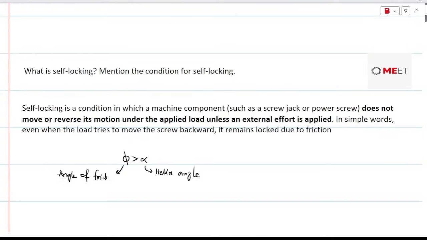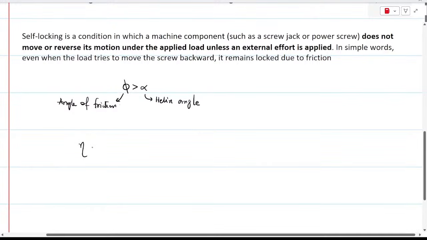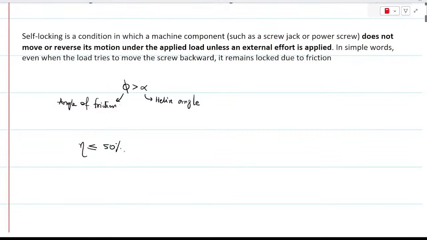So if we are using the friction force in order to lock or prevent the motion of the load in the backward direction or the downward direction, then the efficiency is going to be affected. That is, efficiency will be less than or equal to 50%.